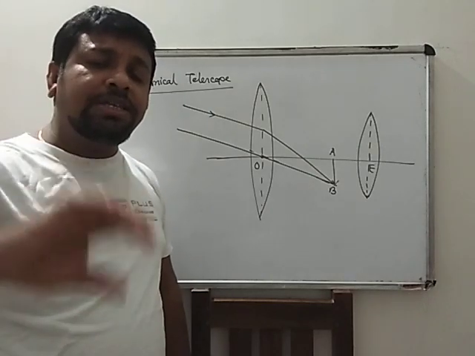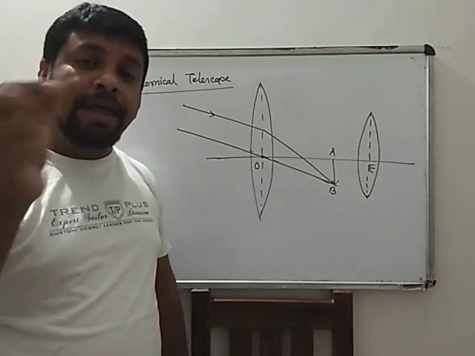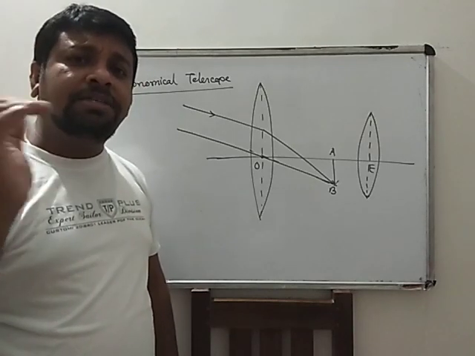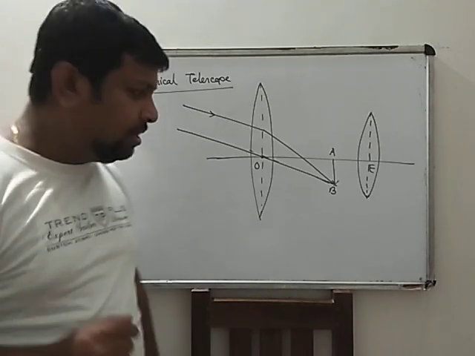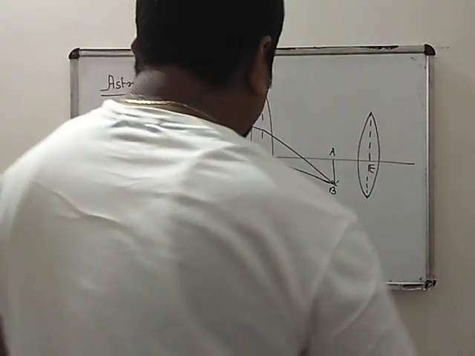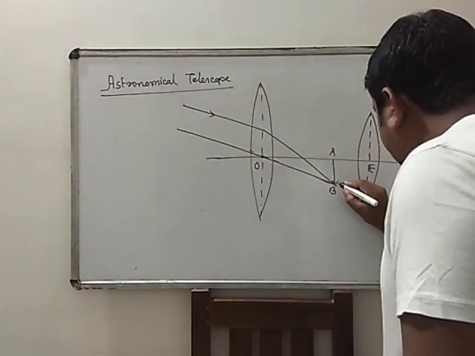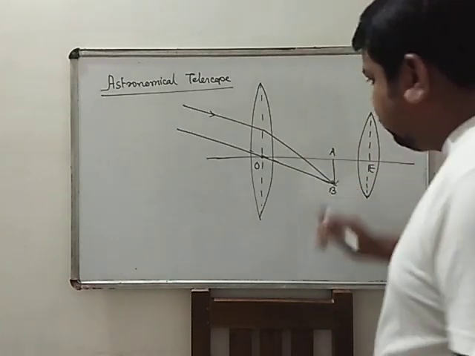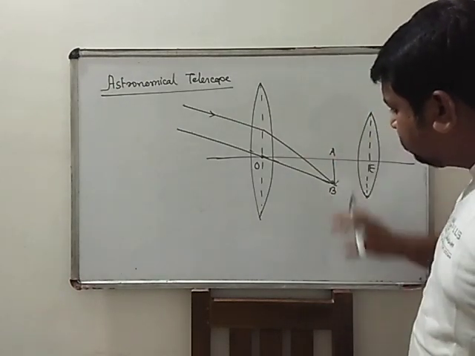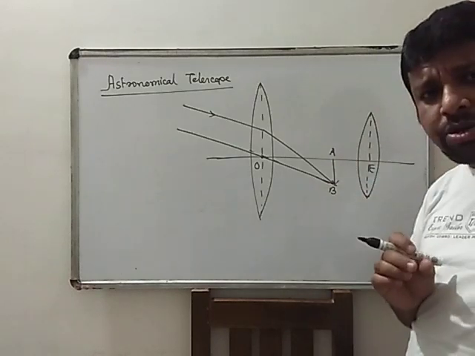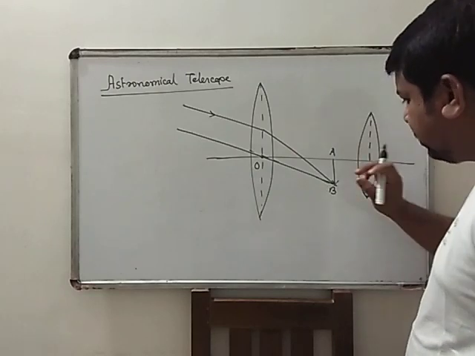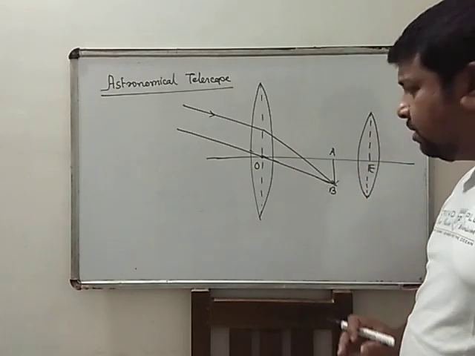The image of the objective is used as an object by the eyepiece, then the final image is formed at infinity.